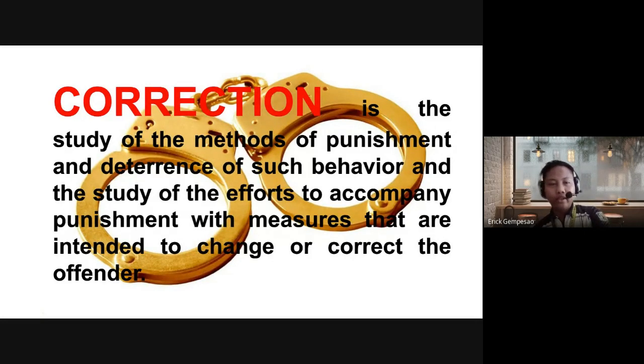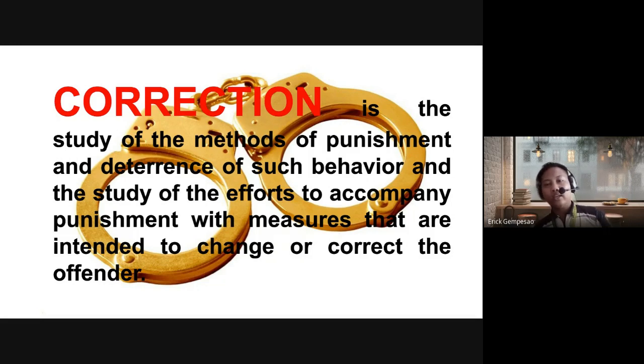Why do we need to study? In order to deter people who would be criminals, and to deter those convicted offenders from committing a crime again. So that is correction.